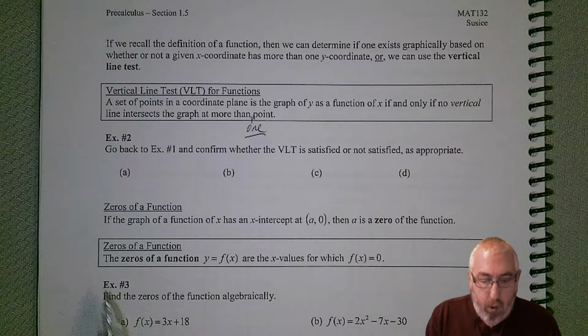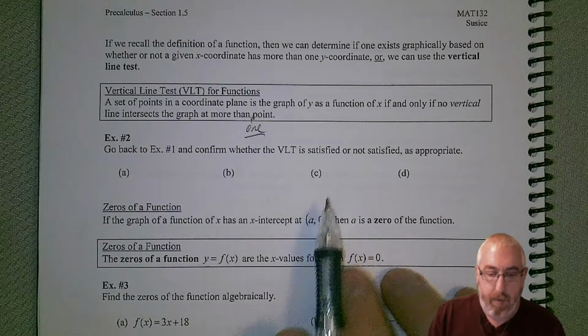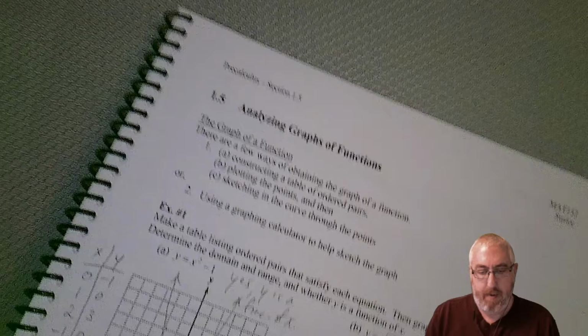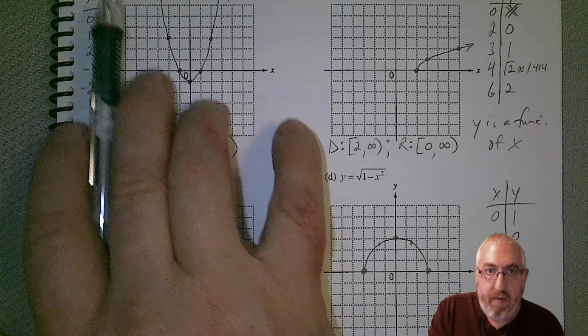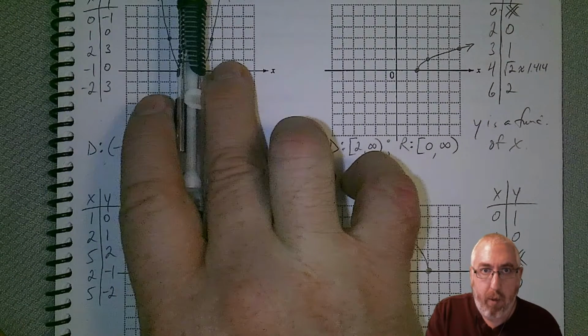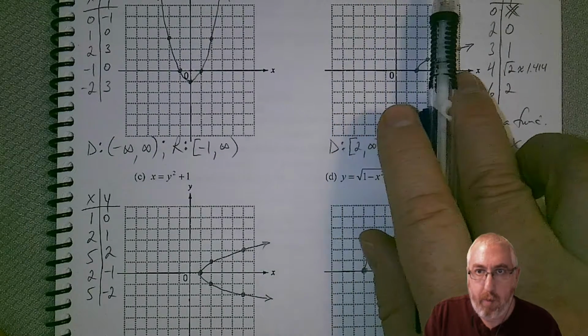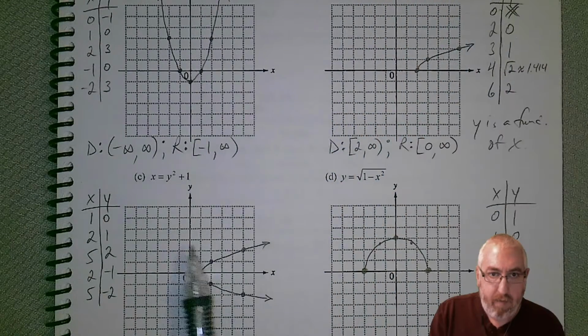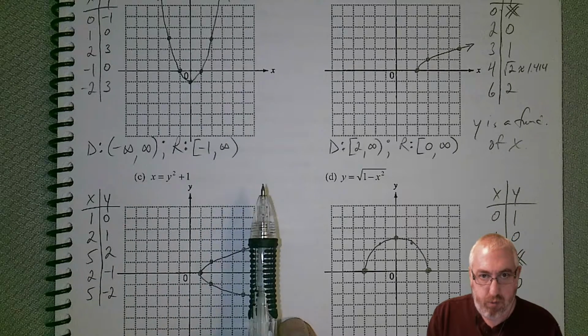Now we can go back to the previous problem and just confirm, but let's do that real fast. Vertical line test: 1 point, 1 point, 1 point, 1 point. Vertical line test: 1 point, 1 point. Vertical line test: 2 points, 2 points, 2 points.